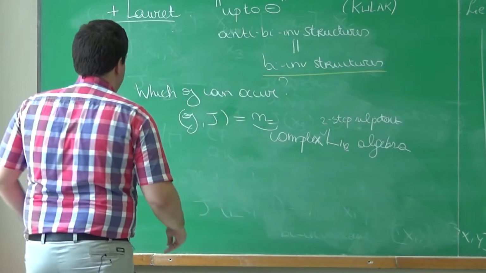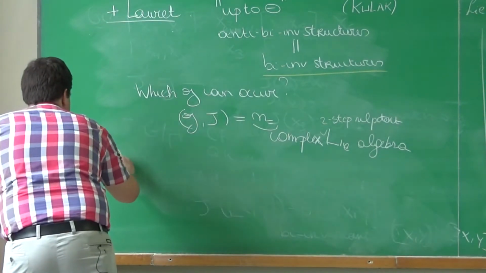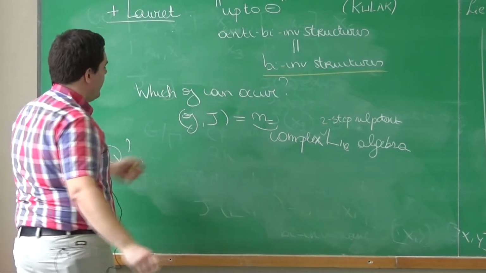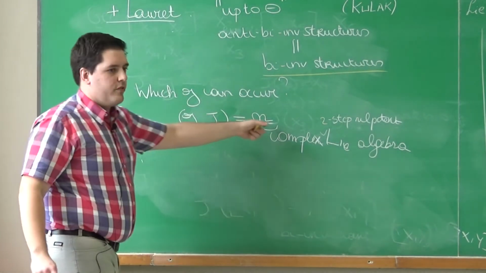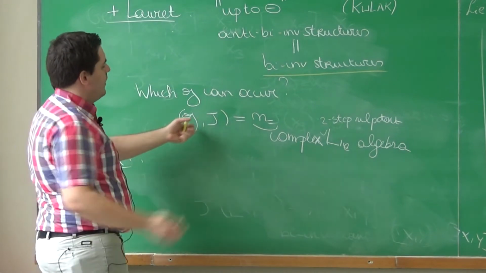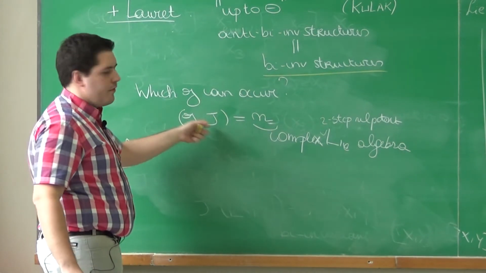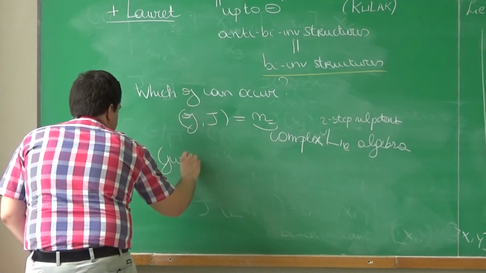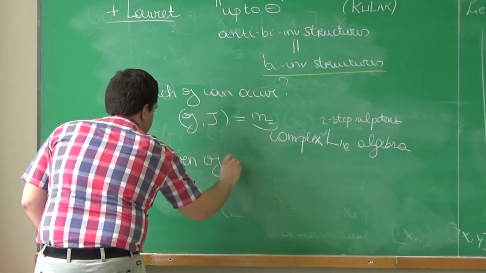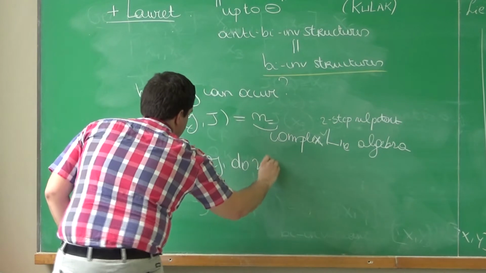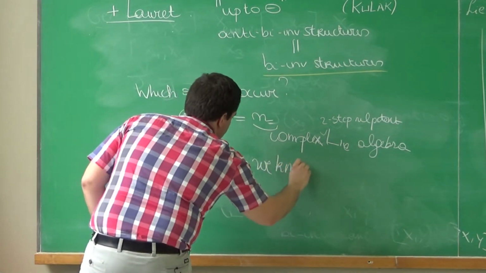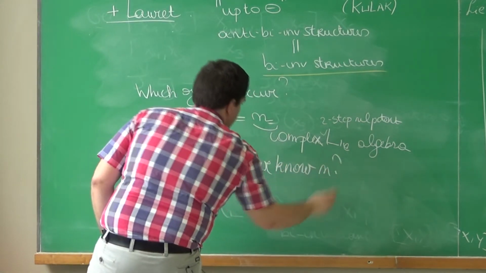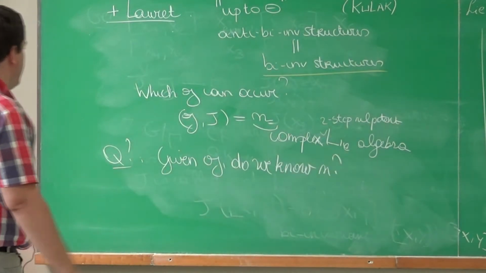And so the question that remained is, if we know the G, do we also know the N? Or how many bi-invariant complex structures can we put on one G? Okay.